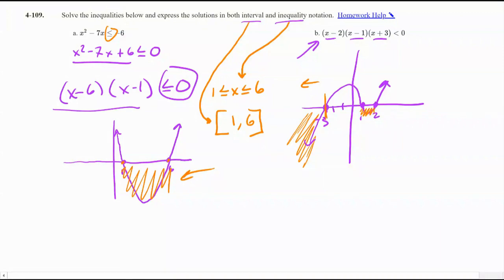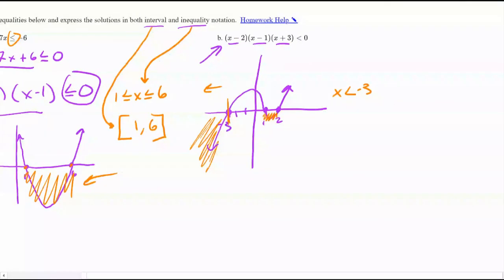So when I write this in inequality notation, I have x is less than negative 3, or x is between 1 and 2. I say less than here because in my equation I'm saying less than 0, so it doesn't include the points, only the values between.